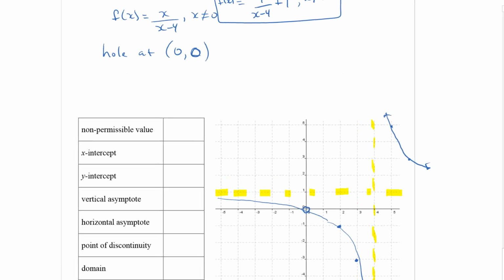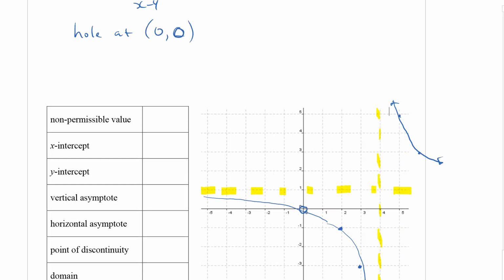We can put in what is the non-permissible value here. X cannot be equal to 0. The x-intercept, well, 0, 0, and the y-intercept 0, 0. The vertical asymptote is going to be at x is equal to 4. The horizontal asymptote is at y is equal to 1.